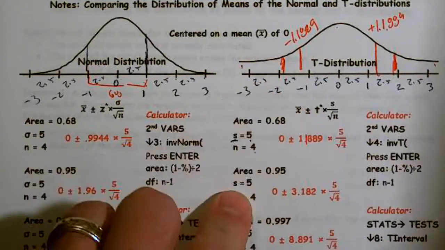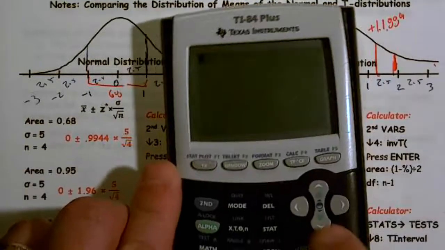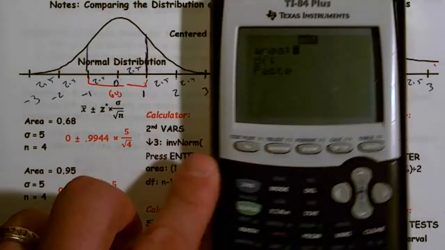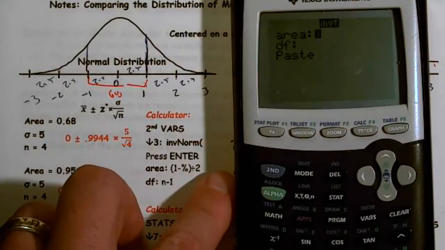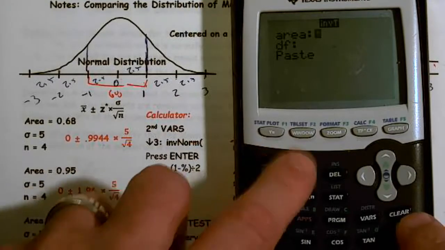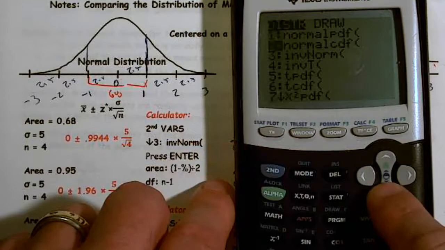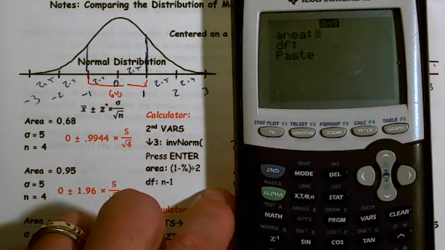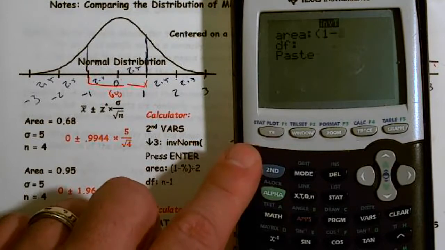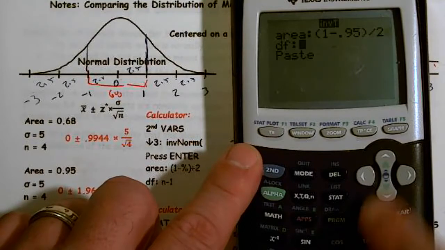Here, if I want 95% for the inverse t, second vars, inverse t, and let's redo that real quickly because I'm afraid that didn't show up. Second vars, inverse t, parenthesis 1 minus 0.95, divided by 2, degrees of freedom.